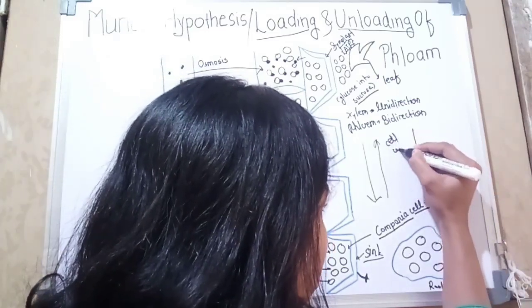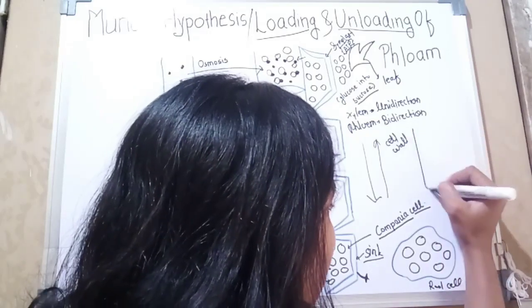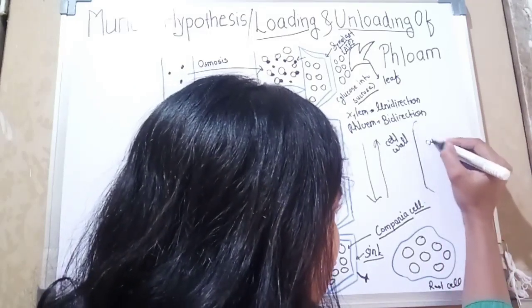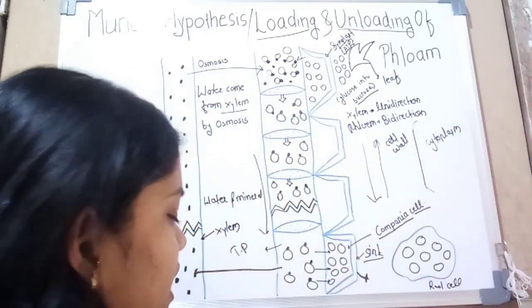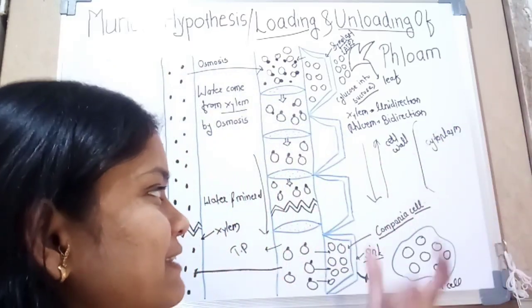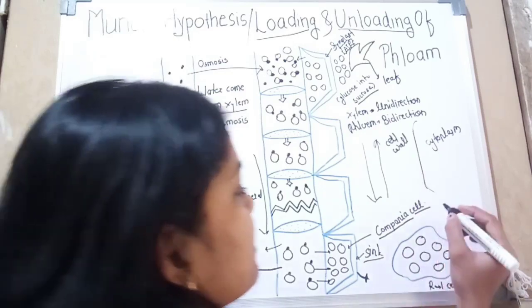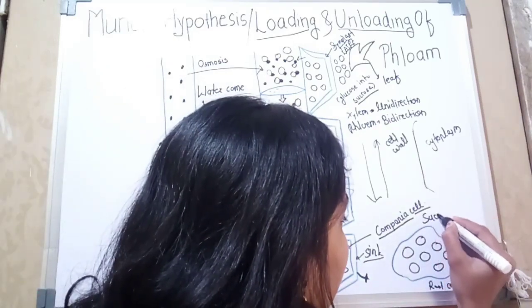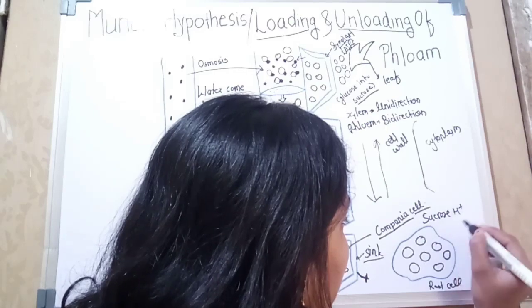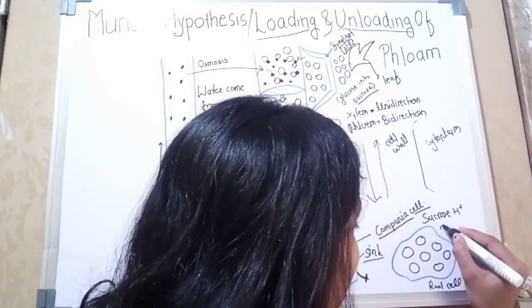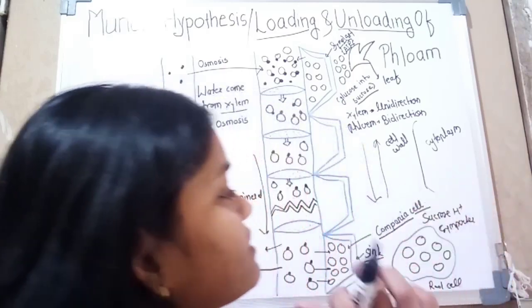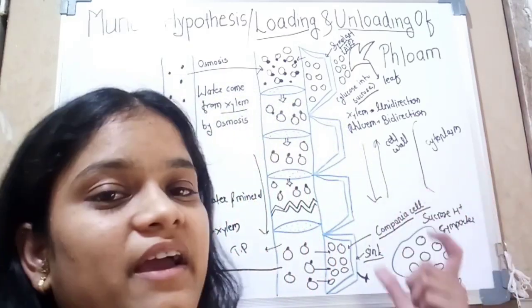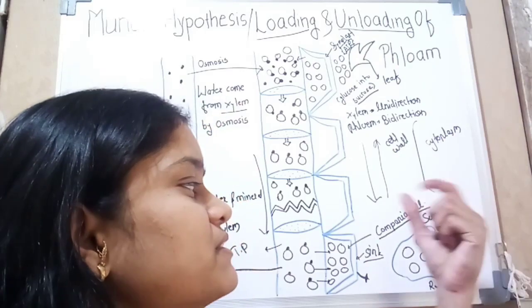So let's see, this is a cell wall, and this is the cytoplasm of the cell. How does the mechanism take place? This mechanism is called the sucrose H plus symporter.